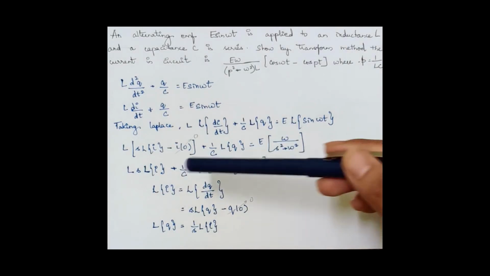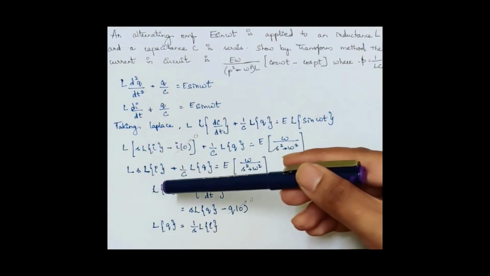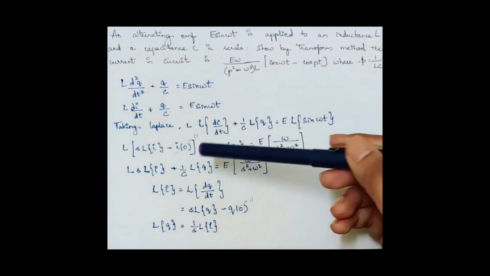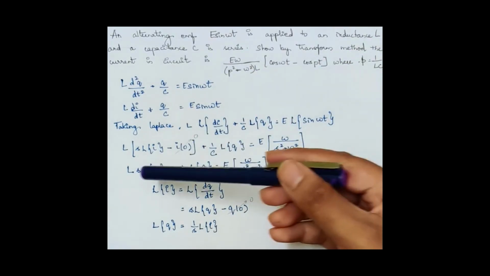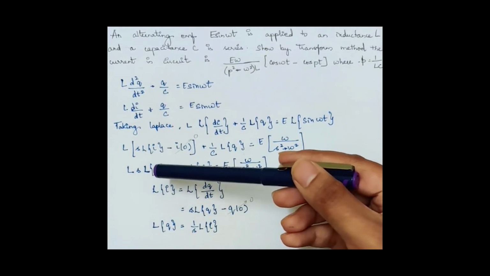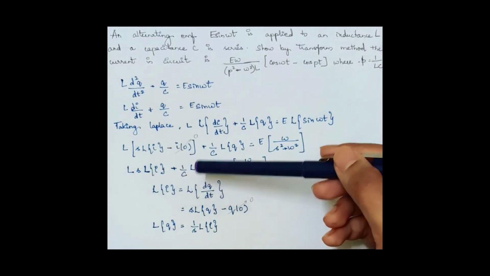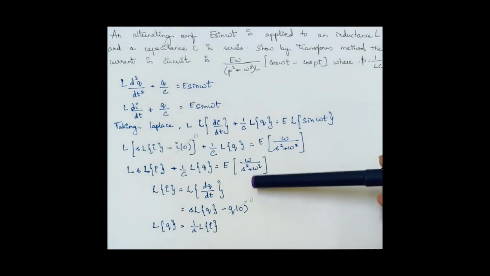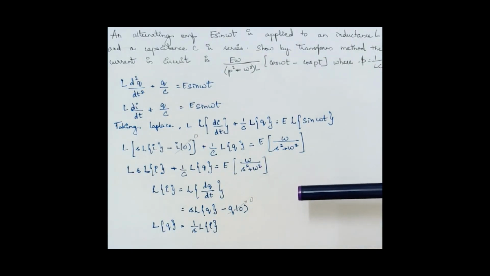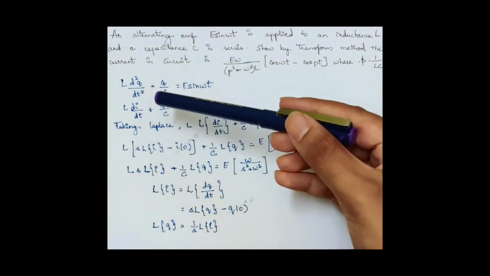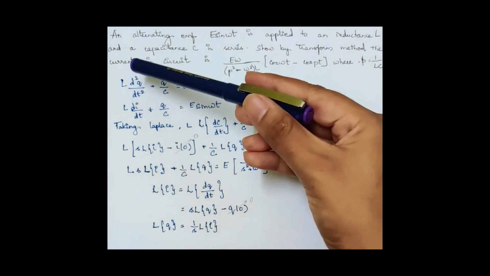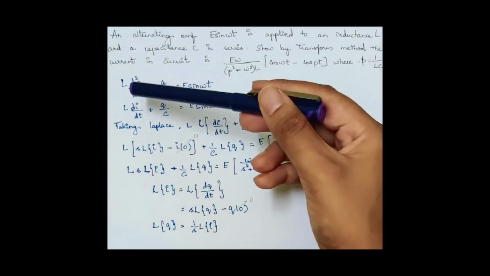Now on applying the initial condition that initial current is 0, L into s Laplace transform of I plus 1 by C Laplace transform of q is equal to E into omega by s square plus omega square. Here we are finding it for I instead of q because they've asked us to find the current and not charge.